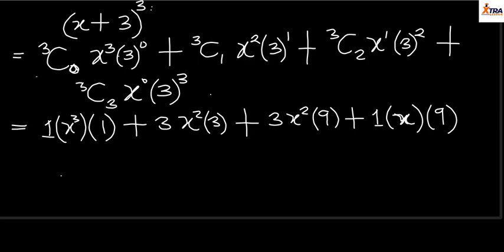If you look at this very well, you realize that the coefficients we have, 1, 3, 3, 1, go along with the coefficients derived from the Pascal triangle. Remember that for the power 3, we have 1, 3, 3, 1 as our binomial coefficients. So you realize that this is just a method of deriving those coefficients ourselves without using the Pascal triangle.